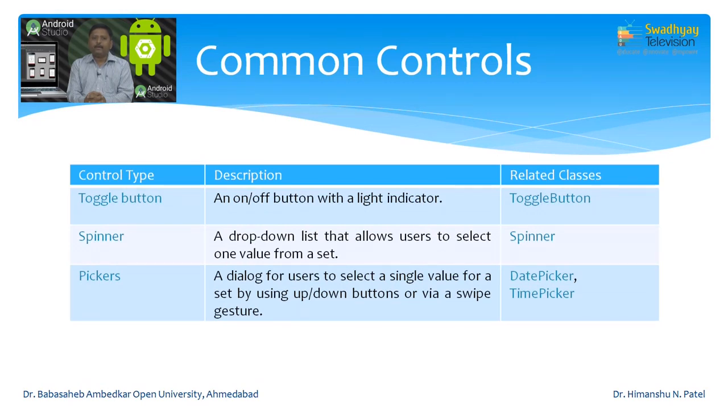Next is a picker. Picker, as its name suggests, is a dialog for the user to select a single value from a set by using up down buttons or via swipe gesture. We have two types of pickers available in Android. One is date picker and another is time picker.